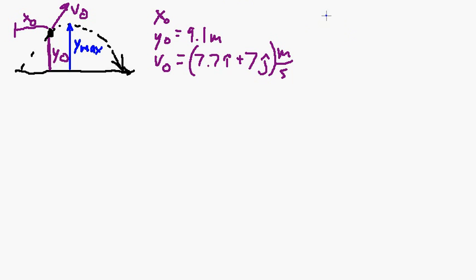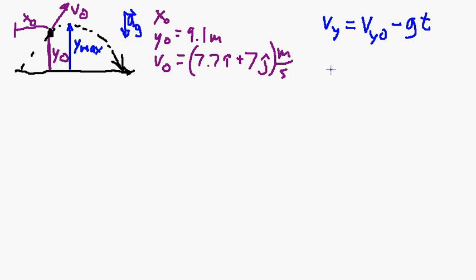Velocity in the y direction is vy naught plus the acceleration times time. But acceleration here is negative g, because this is our acceleration due to gravity, so vy equals vy naught minus gt.